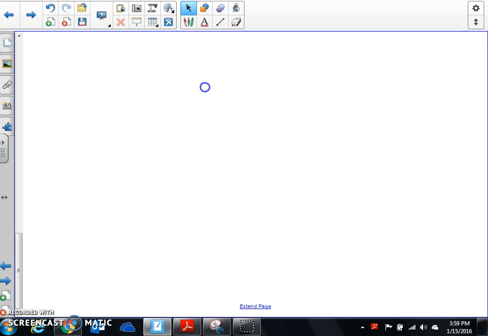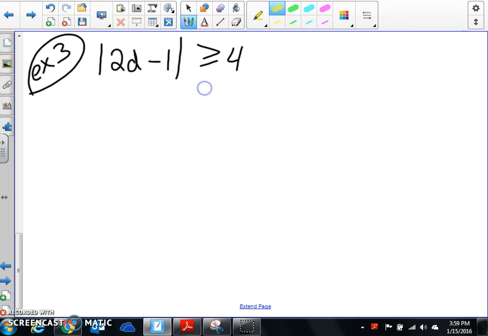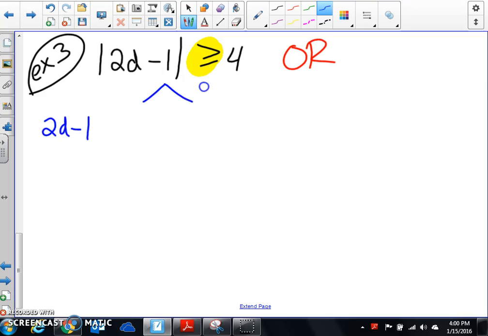Here's example number 2, or 3 technically. Let's do this one over here. The absolute value of 2d minus 1 is greater than or equal to 4. I look at that inequality. It's a greater, so this is going to be an or, and I break them up. So this is 2d minus 1 is greater than or equal to 4. This is 2d minus 1, I make this negative 4, and I flip the inequality.